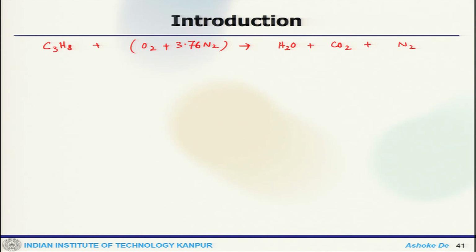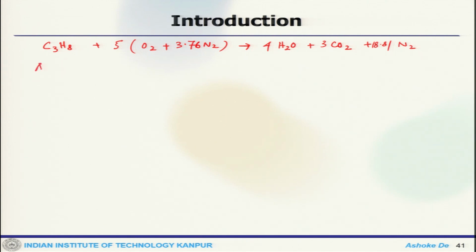If you balance these out, here you put 5, so this will lead to 4, this will then straightaway become 3, and the rest, around 18.81, would be nitrogen.